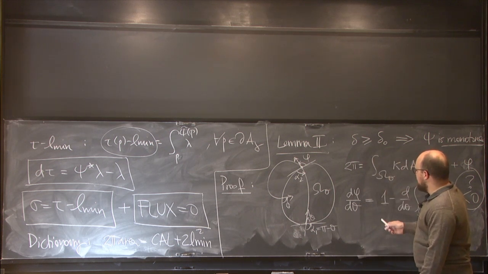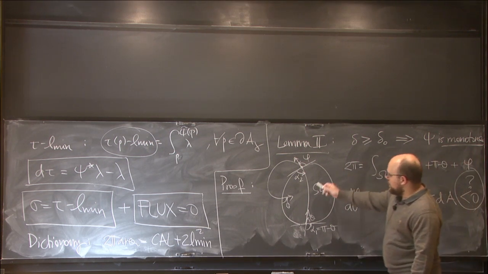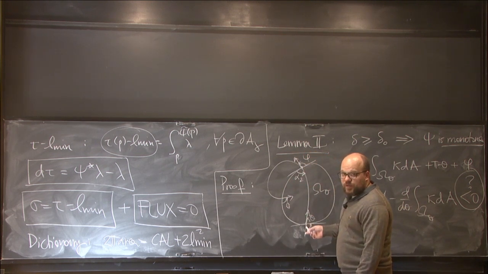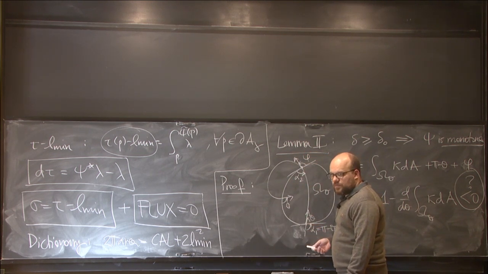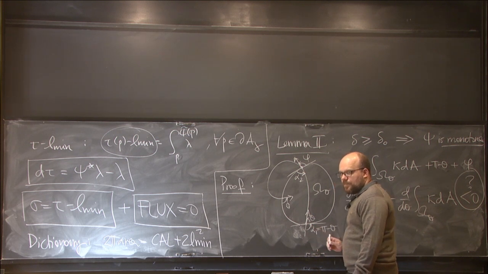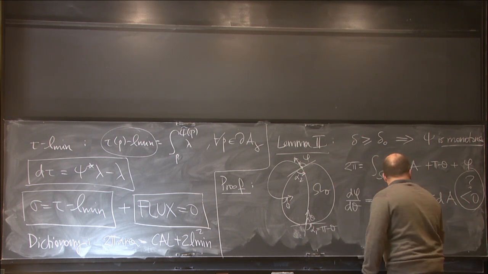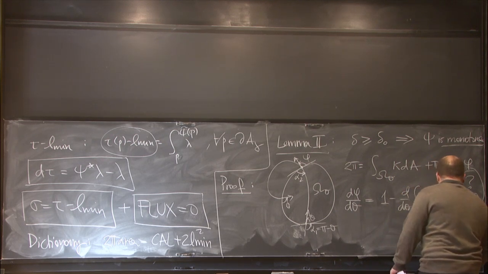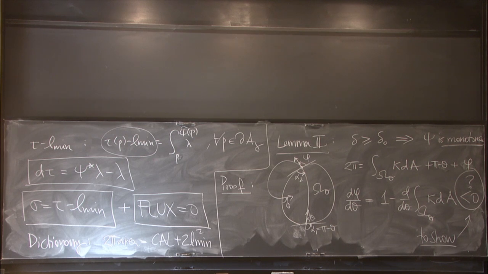So what I'm trying to explain is that if this number happens to be negative, the derivative of the return angle with respect to the initial angle is going to be positive, which is exactly the monotonicity assumption. So it suffices to show this inequality. And again, we have to appeal to Toponogov's comparison theorem.